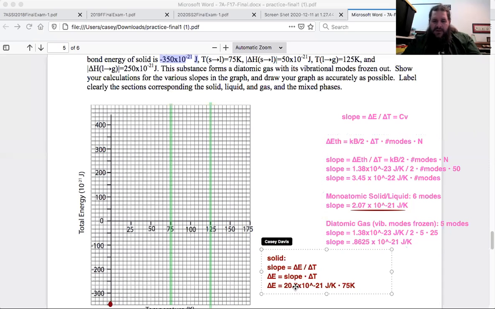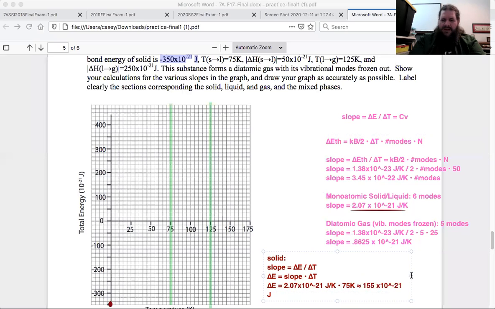So if we use instead the correct value of 2.07, we're going to get approximately 155.25. So let's say about 155 joules. That means the process of raising the temperature from 0 to 75 involves increasing the energy by 155. So we'll be going from negative 350 to, I guess this should actually have times 10 to the negative 21.